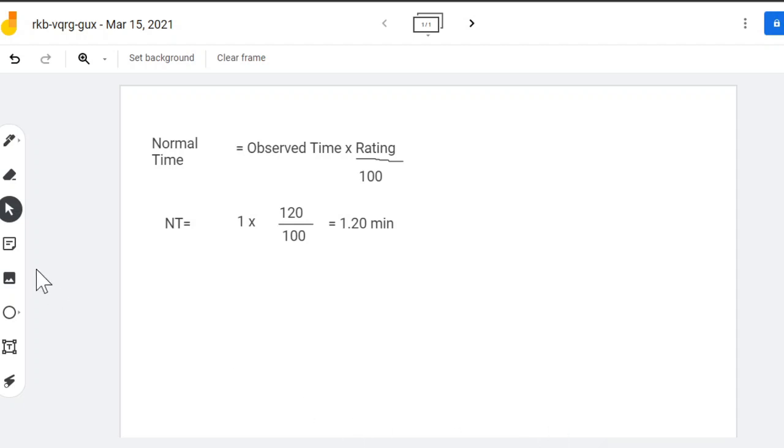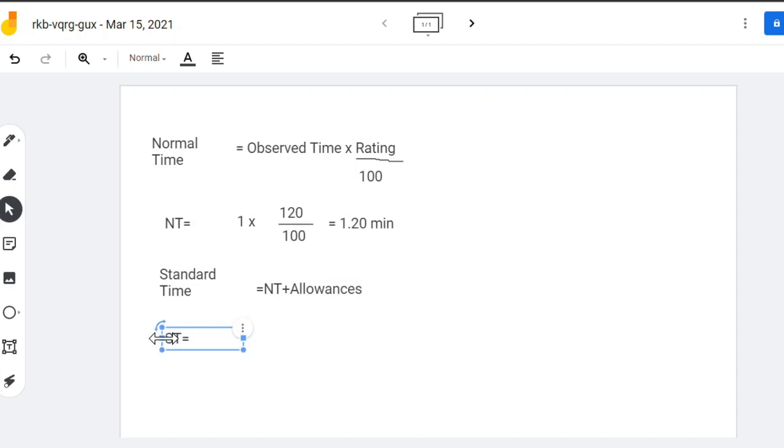Okay, now let's get the standard time. How are we going to compute for the standard time? Standard time is equal to the normal time plus the allowances.